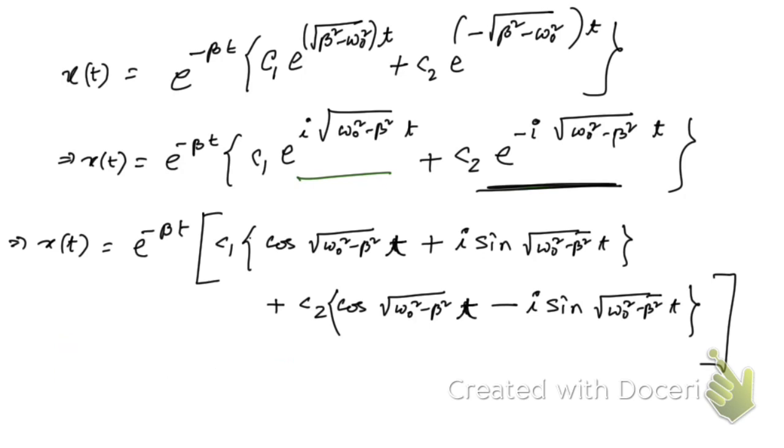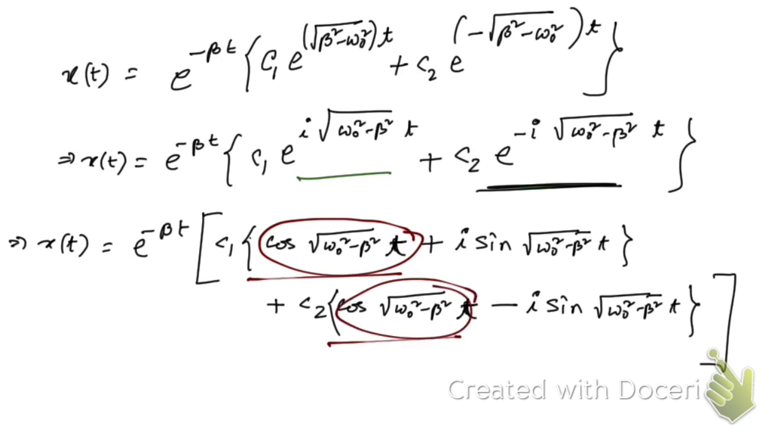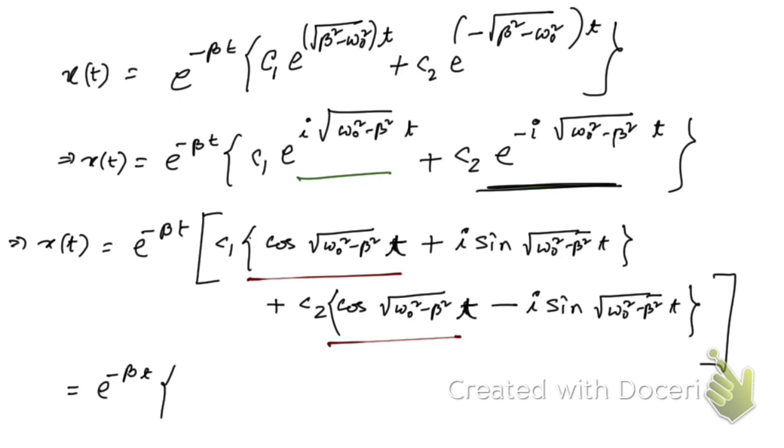Now let me simplify this. From these two terms we can take this part common. Then within the bracket we have c1 plus c2. So that means e to the power minus beta t cos root over omega naught square minus beta square into t, and within the bracket c1 plus c2.